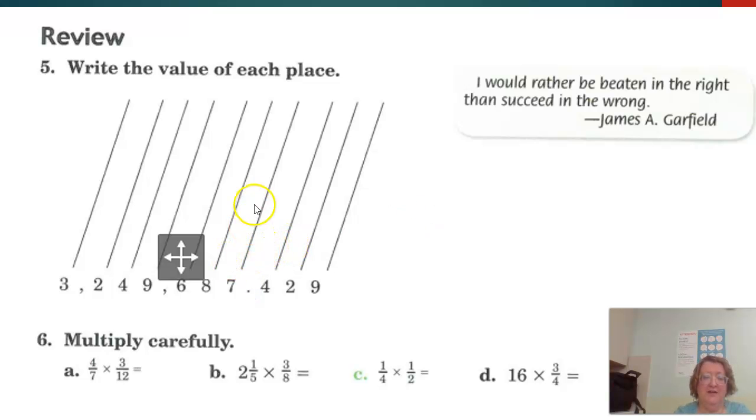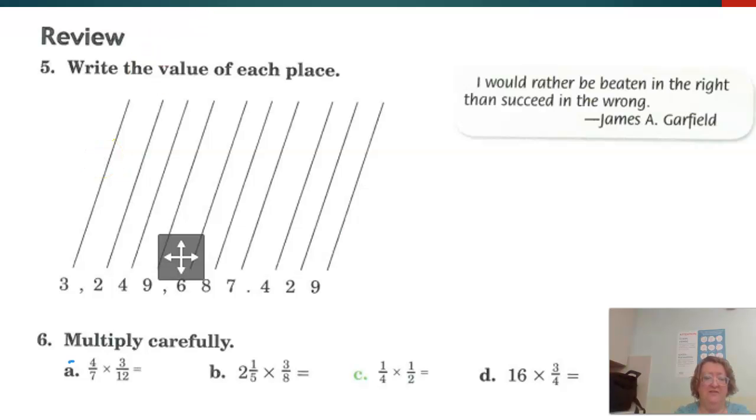So we should be right here at number 7 for ones, tens, hundreds. I'm sorry. Ones would be here, tens, hundreds, thousands, 10,000s, 100,000s, 1,000,000.